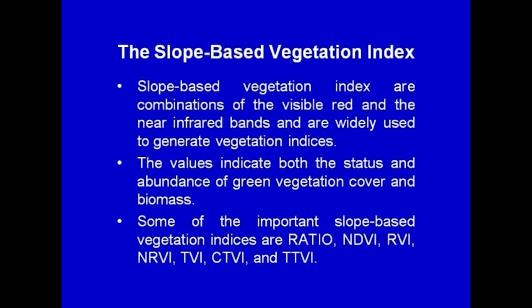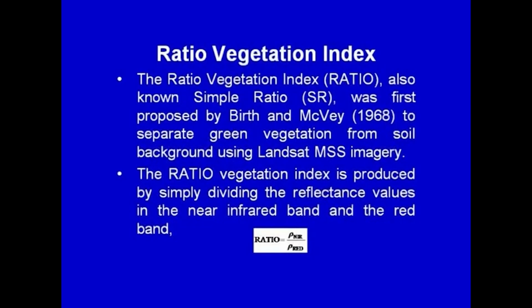Some of the important slope based vegetation indices are ratio, NDVI, RVI, NRVI, TVI, CTVI and TTVI. So, now let us look at each of these commonly used slope based vegetation indices.